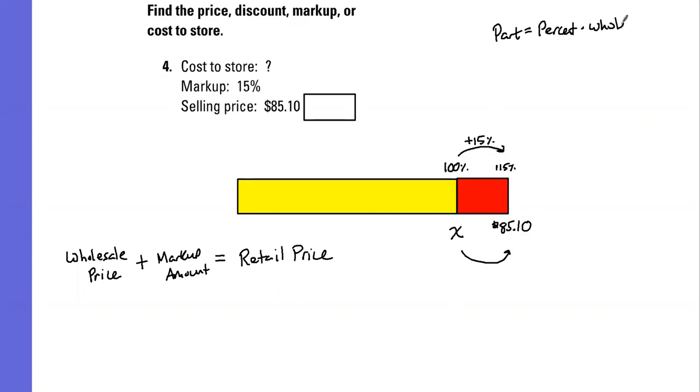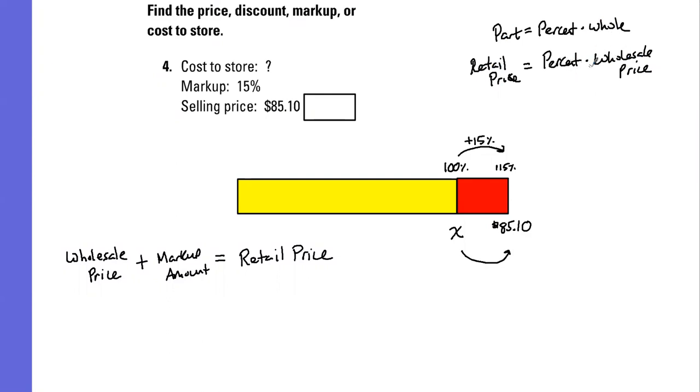For these problems, your retail price is always going to be some percent of your wholesale price. So my wholesale price is my whole amount and my retail price is my part. I calculate this by doing some percent of my wholesale price.